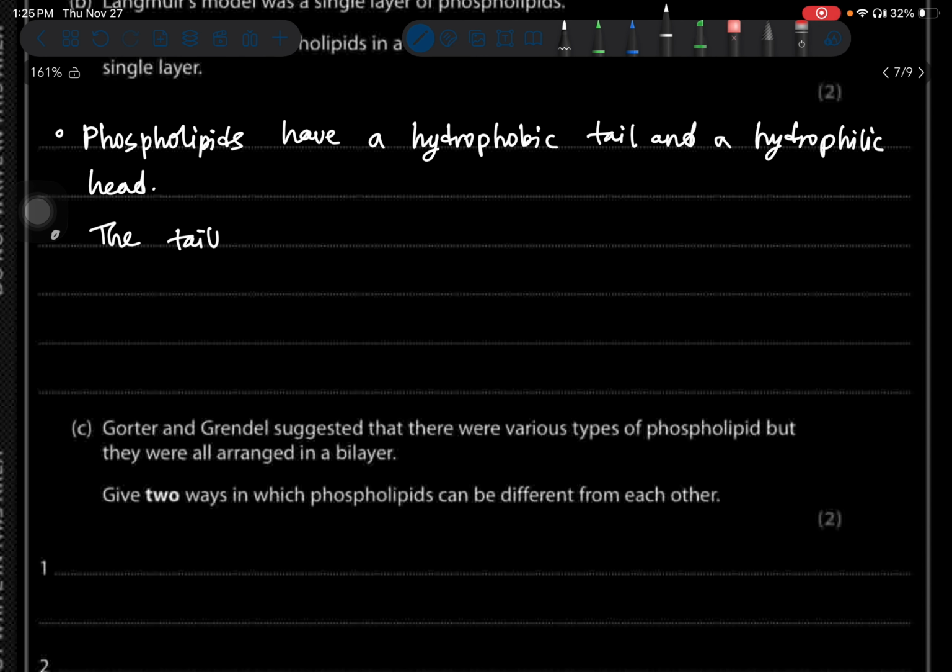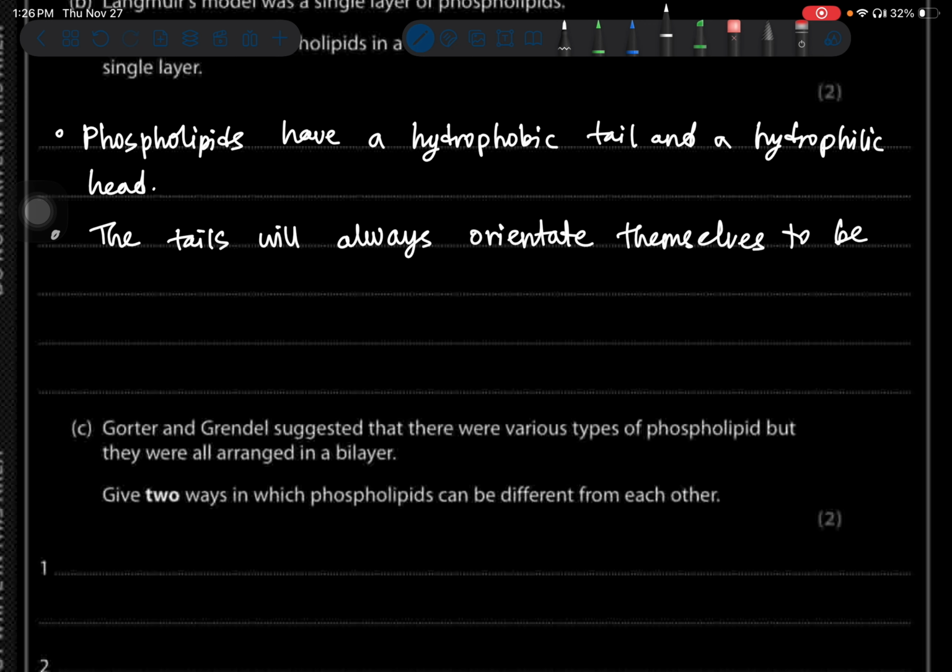The tails will always orientate. You could also write position. This is just being fancy. To be away from aqueous environments on each side of the membrane.